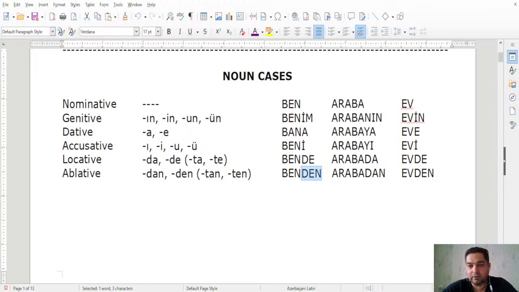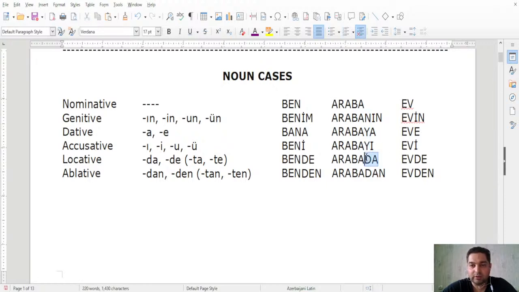For the others, we have a noun, araba, which ends in a vowel, and because of this it has fusion letters here. You see, arabanın, arabaya, arabayı. So we have all these endings together with the fusion letters. When 2 vowels meet, we put those fusion letters in between in order to avoid 2 vowels side by side.